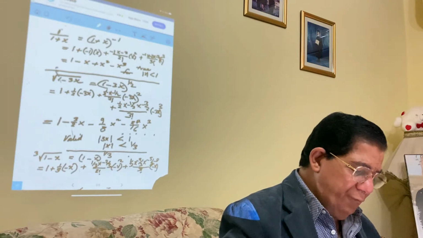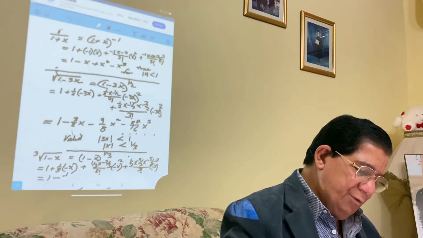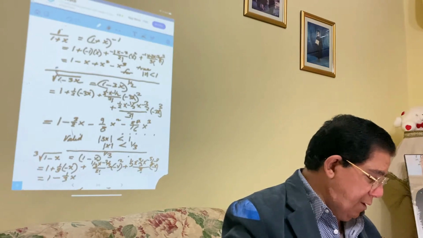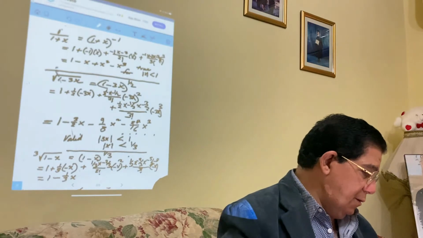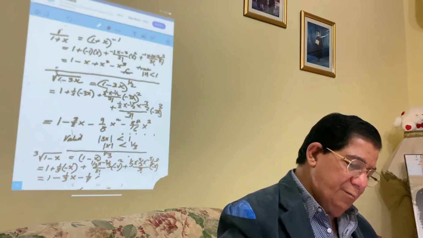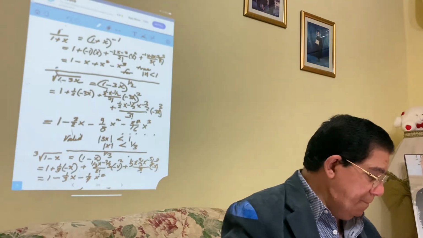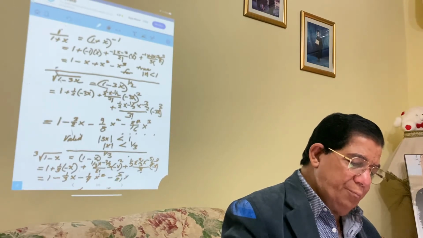If we simplify, we get 1 minus 1 over 3x minus 1 over 9x squared minus 5 over 81 x cubed.